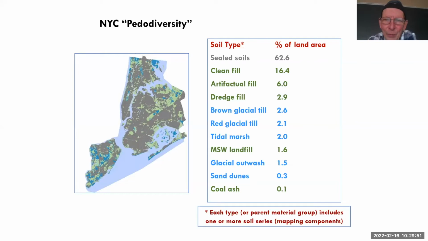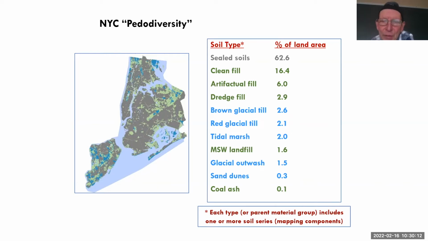And if we were to look at the different types of soils within those groups, here's a little bit of the pedodiversity. Okay, the sealed soils, 63%. The next highest soil type is actually the clean fill, and the artifactual fill, the stuff from construction debris, dredge fill.